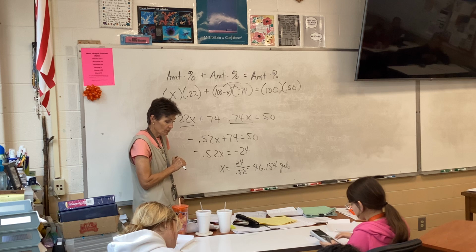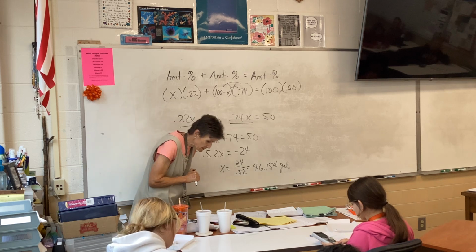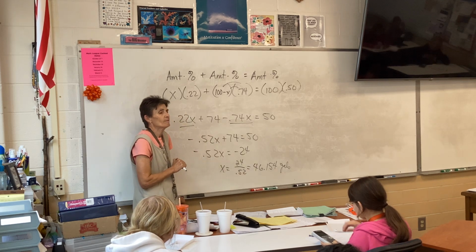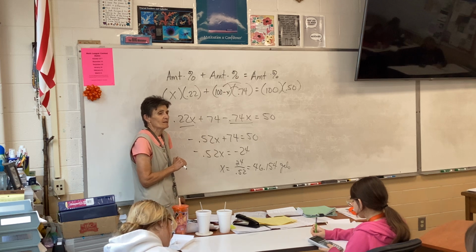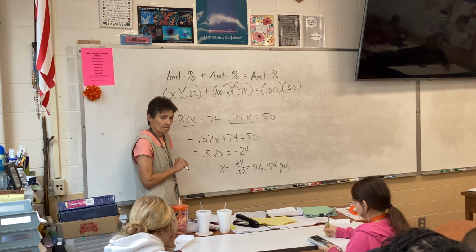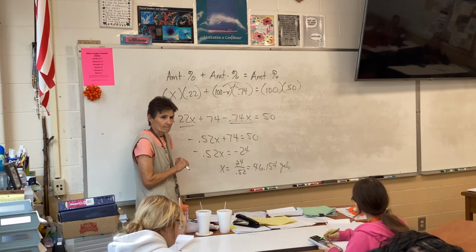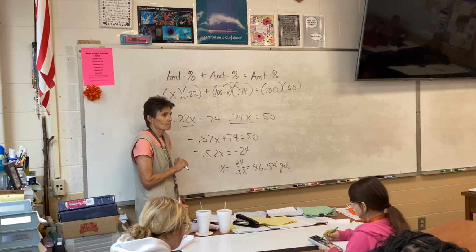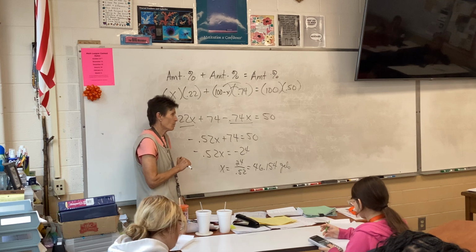Now, you ready for the good news? We're skipping J and K, just cross them off. We have enough different kinds of problems to keep us busy. Okay? So, here's what we're gonna do.